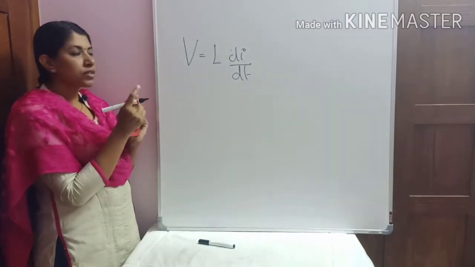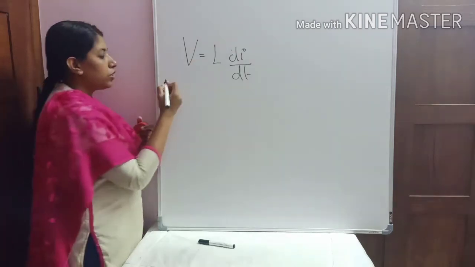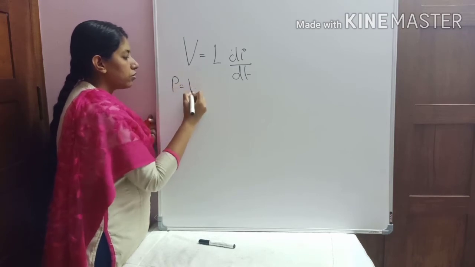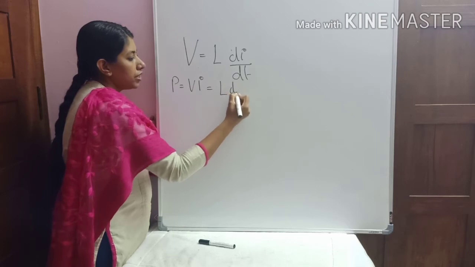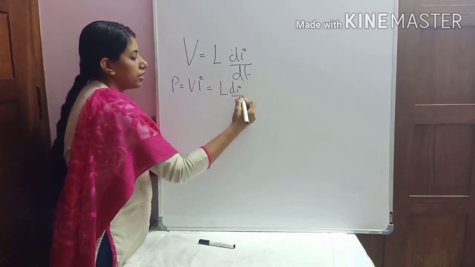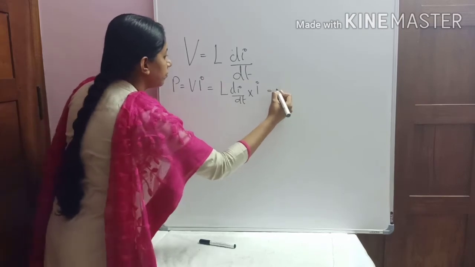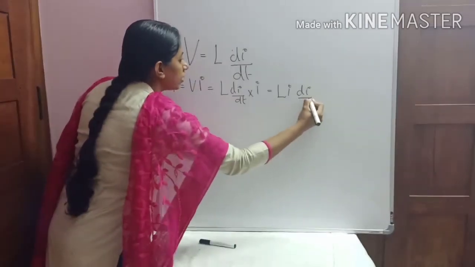So V is equal to L into di by dt. Now we know that P is equal to V into I. Therefore L into di by dt into I, and that is equal to Li into di by dt.